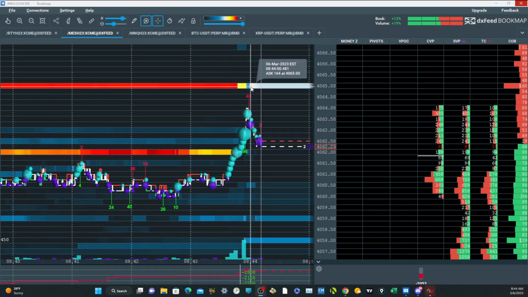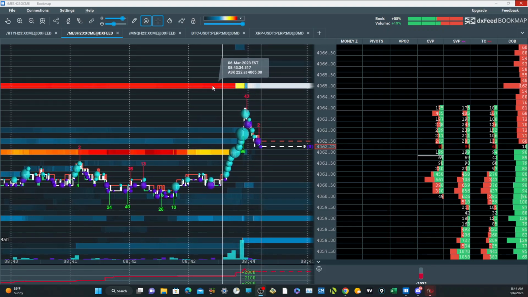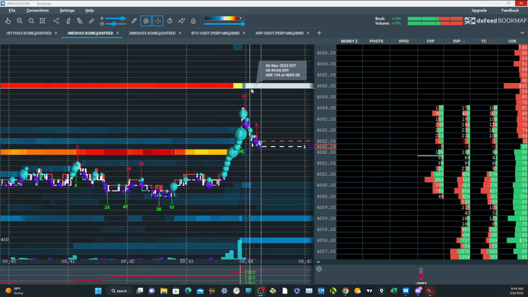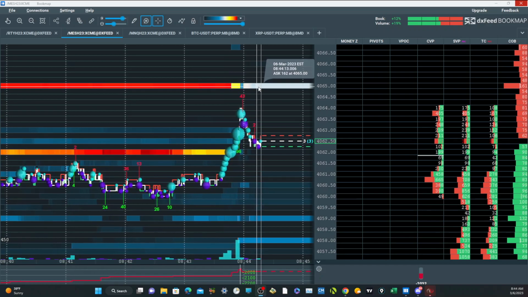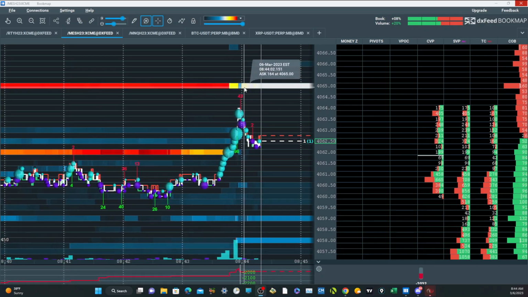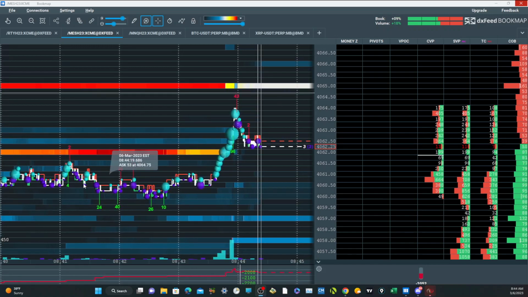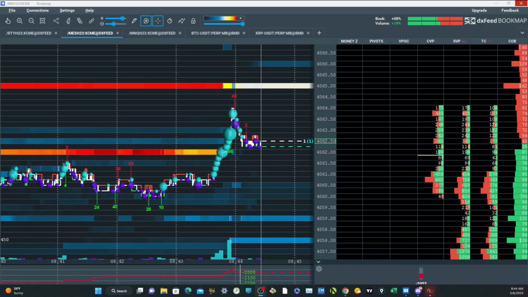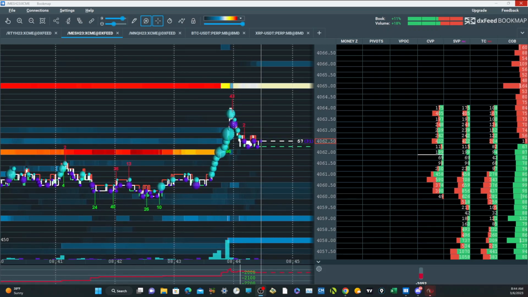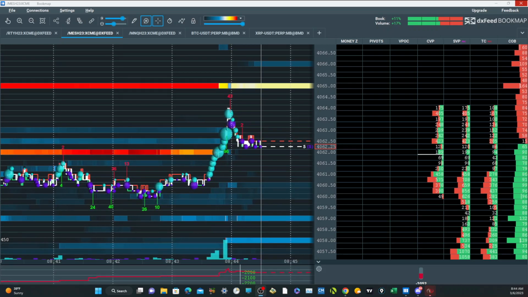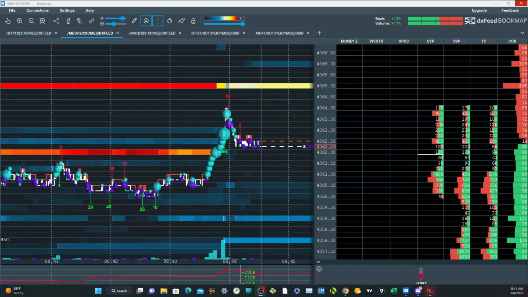These asks are pulling. You see that it was really red, and now it's getting clearer, getting white. They pull a lot of their orders. They don't want to get filled up there. It's 66 ticks in profit right now, so it's a kind of big trade.